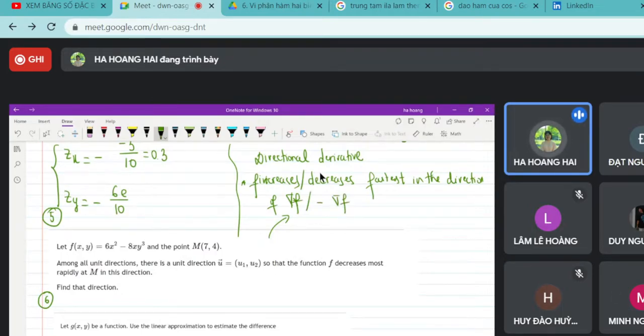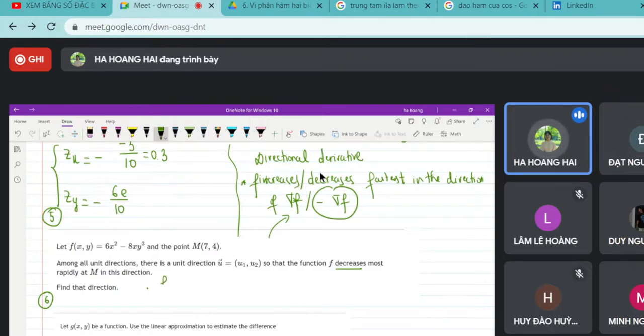So in this question, the function f must decrease most rapidly, and the direction in which f decreases most rapidly is minus gradient. First of all, you have to find the vector minus gradient of f at this point. So first we need to compute.